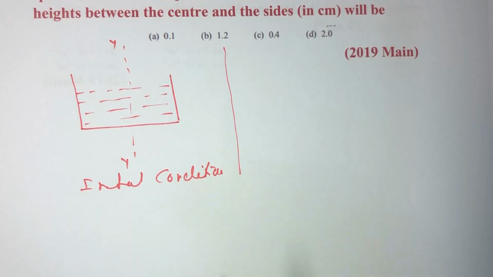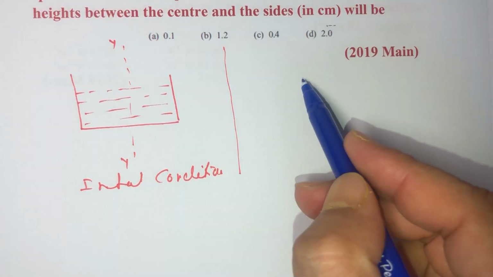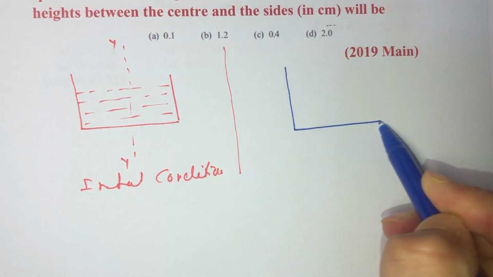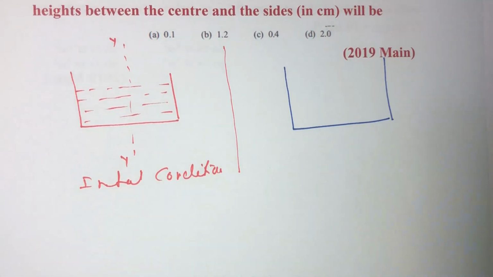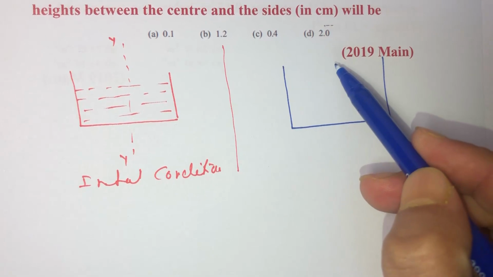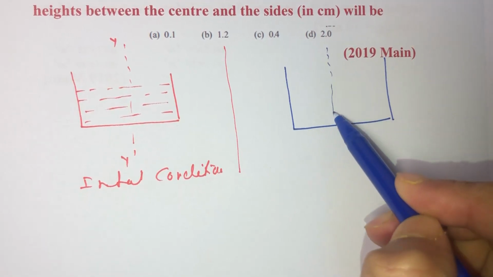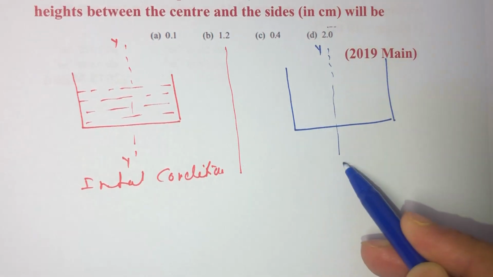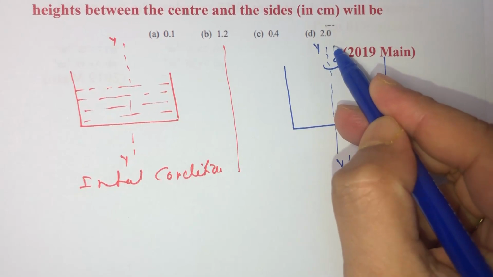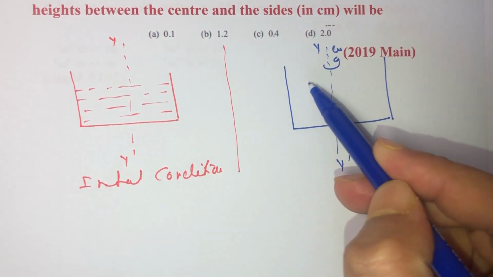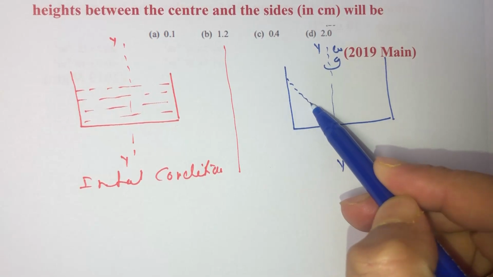And in this one it is rotating about the axis y prime with the angular velocity of omega, and the shape of the liquid is something like this.